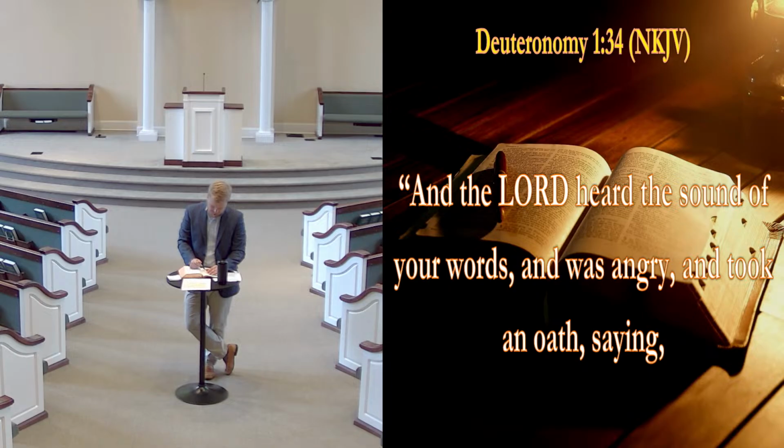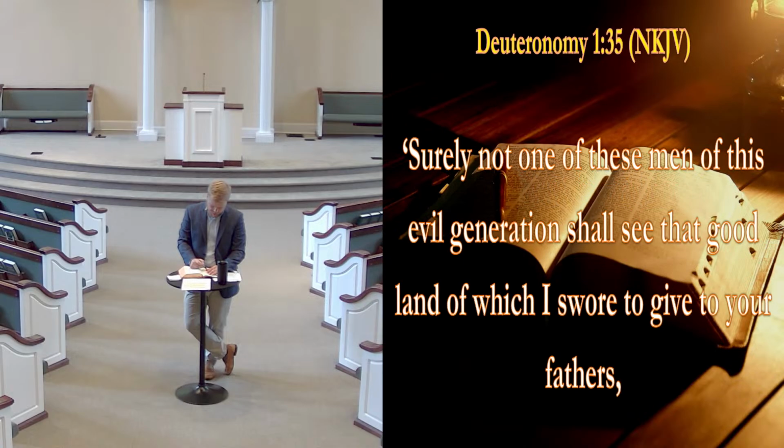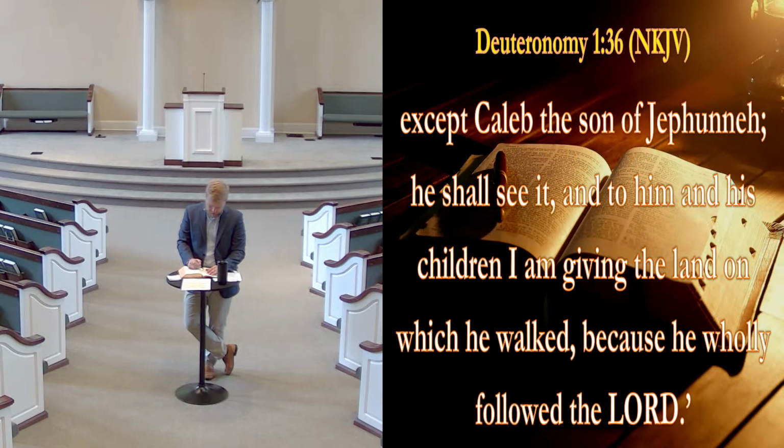This is a description of Israel's penalty for their rebellion, and was angry and took an oath, saying, surely not one of these men of this evil generation shall see the good land which I swore to give to their fathers. Verse 36, except Caleb, the son of Jephunneh, he shall see it, and to him and his children I am giving the land on which he walked, because he wholly followed the Lord.